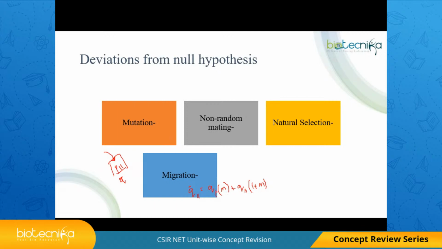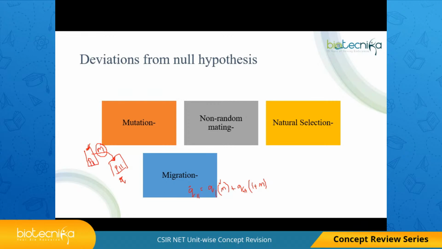Now, Q1 is what? It is the frequency of the recessive allele in population 1 from where the people are migrating out, the number of migrants or the immigrants. How many people have moved out? That is your M into their frequency in their original population.